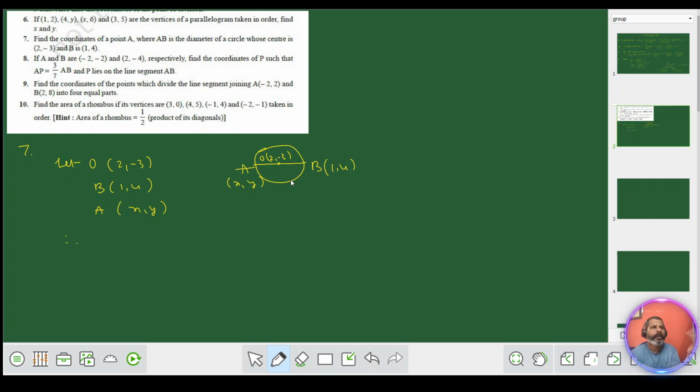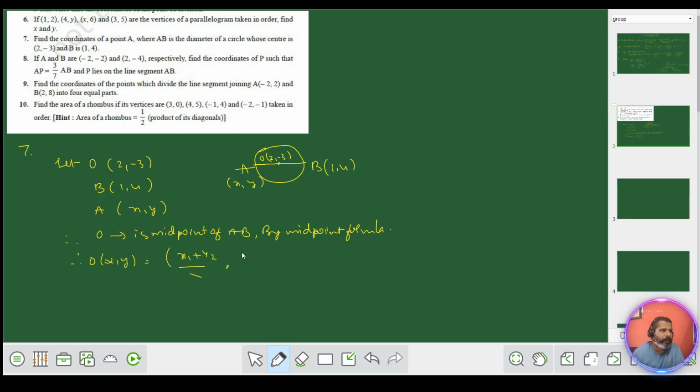Therefore, apply the midpoint formula and get the values of A. By the midpoint formula, what we get is (x1 + x2)/2 and (y1 + y2)/2.